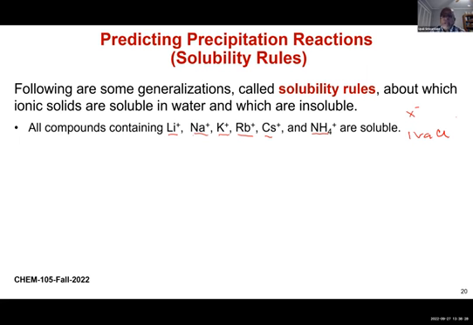Therefore, when dissolved in water, they are going to be soluble. If I ask whether lithium chloride is soluble, it's soluble because lithium ionic compounds are always soluble. This rule applies to all these three cations.